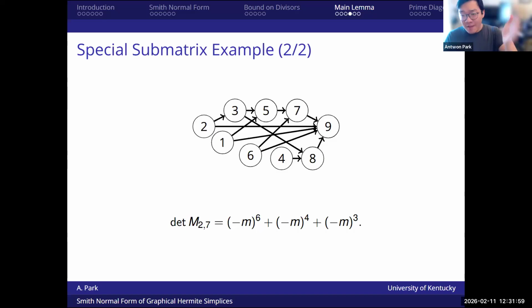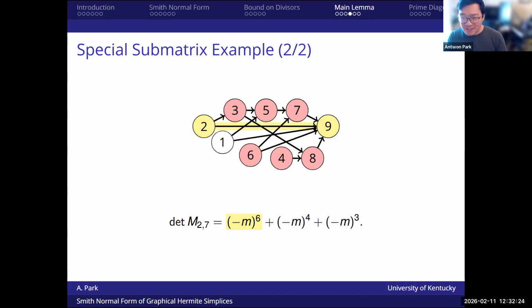And if I go through each of the paths, each of these terms corresponds to one of the paths from 2 to 9. So this first path I have going from 2 to 9, I miss out on 6 vertices between 2 and 9. So 3, 4, 5, 6, 7, and 8 aren't showing up on this path. So I get a negative m to the 6th showing up.